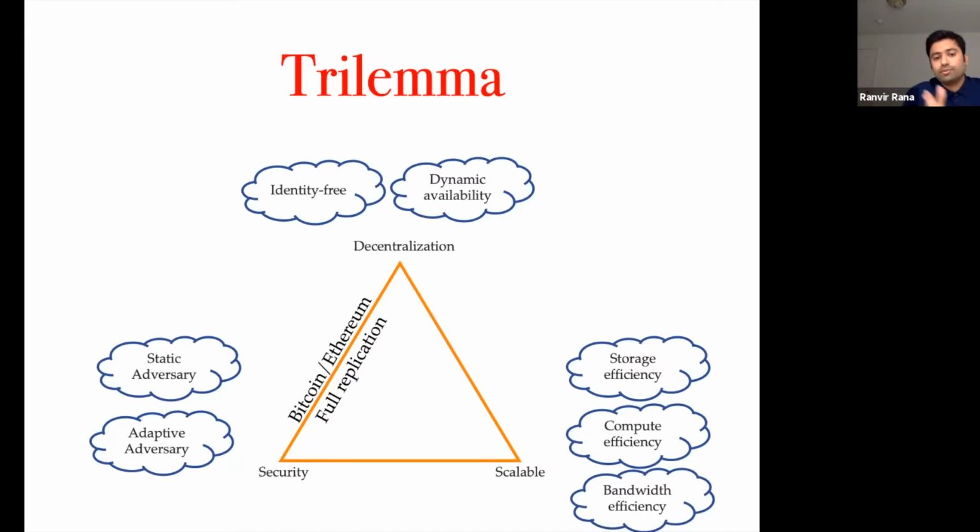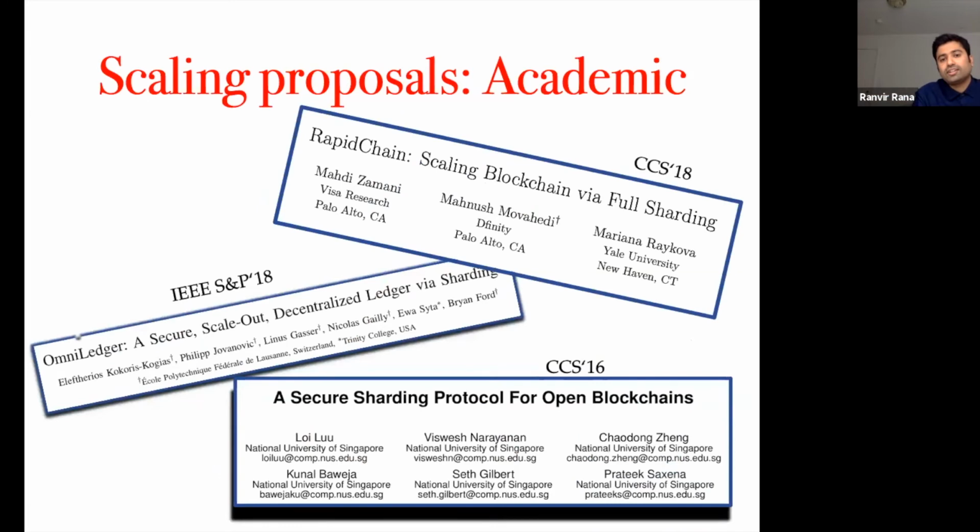So you will notice that proof of work blockchains like Bitcoin and Ethereum, which rely on full replication, achieve these two properties. But because they rely on full replication, they're not scalable. And scalability, we mostly think of 3 axes: storage scalability, compute scalability, and bandwidth scalability. There's been a lot of work on the academic side.